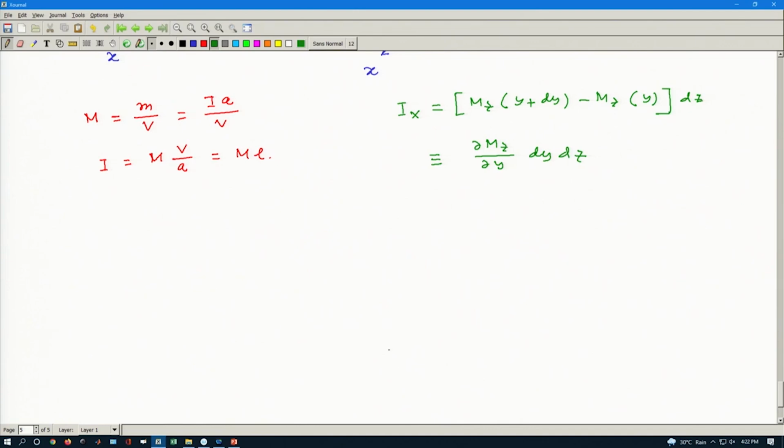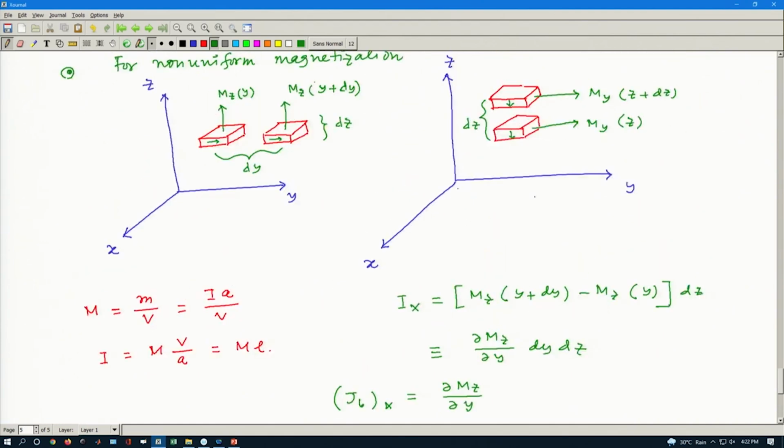That is simply my bound current, because this current is bound, and if I do the x component of that, it is eventually this divided by this tiny area dy dz, and that gives me del mz del y.